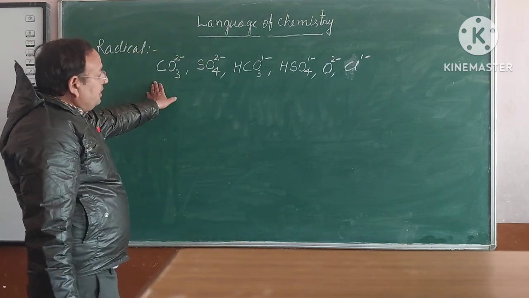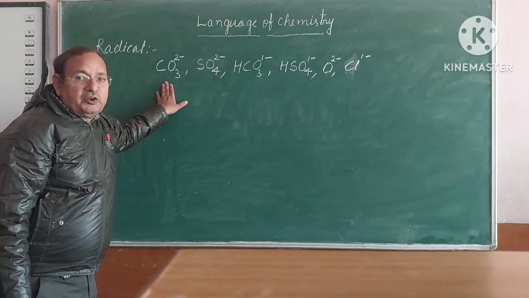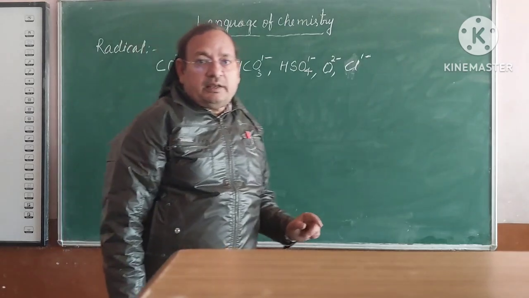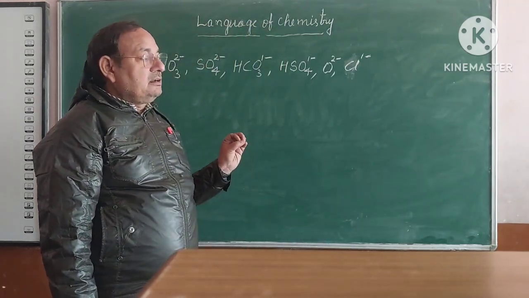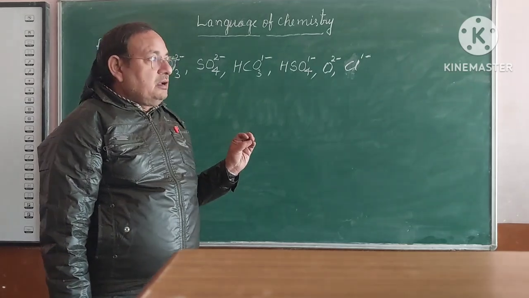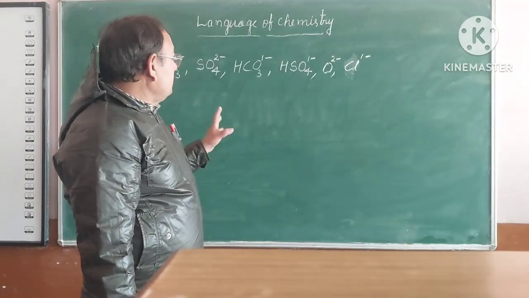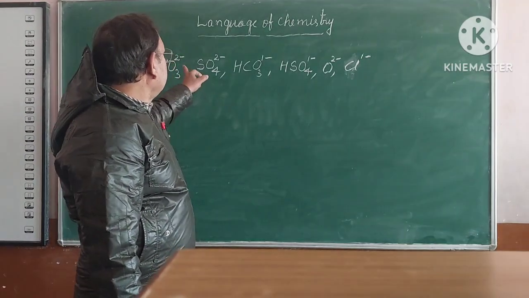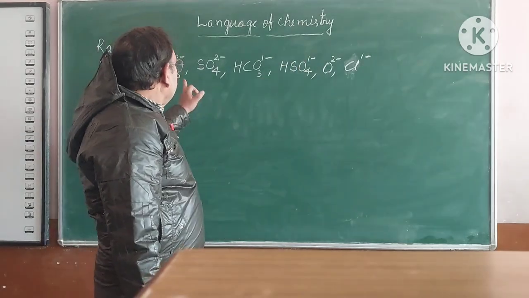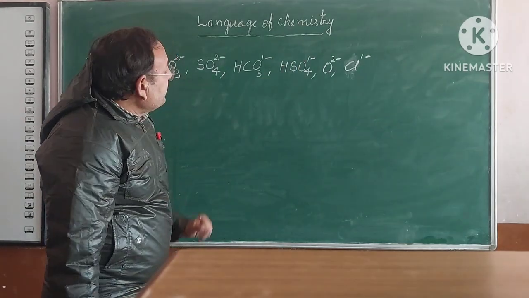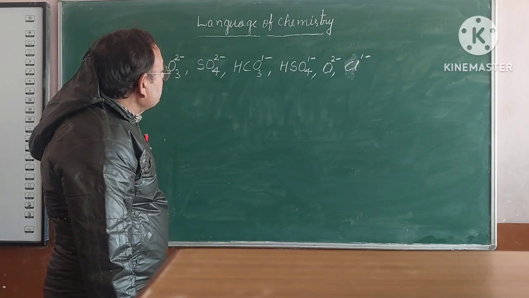These all are electronegative radicals. It means all the ions or groups of atoms having negative charge on them. For this they are known as the electronegative radicals.